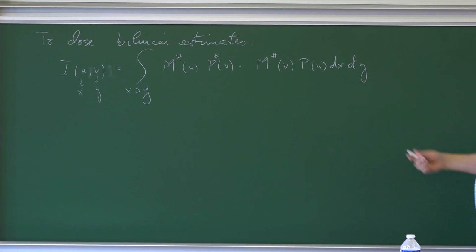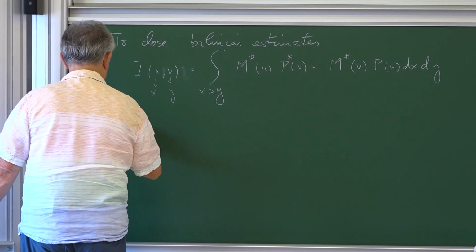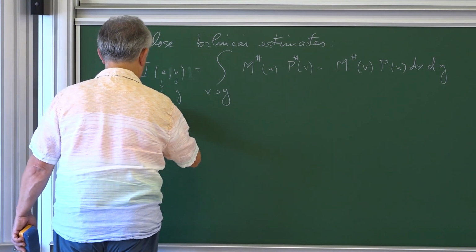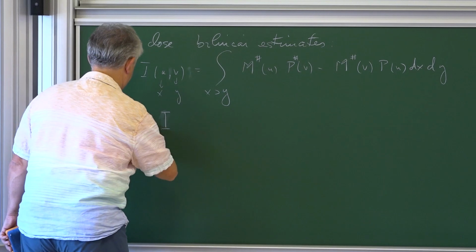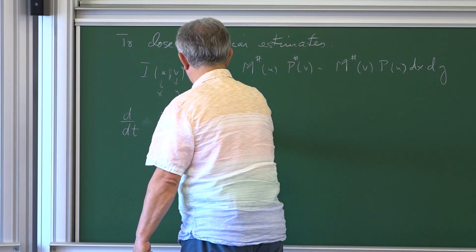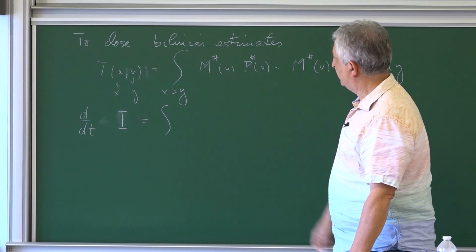All right, and then we said when we compute the time derivative of this interaction Morawetz functional, we get a spatial integral with a number of expressions.